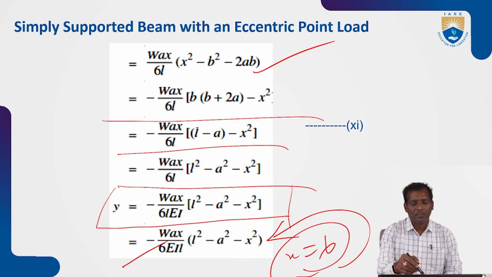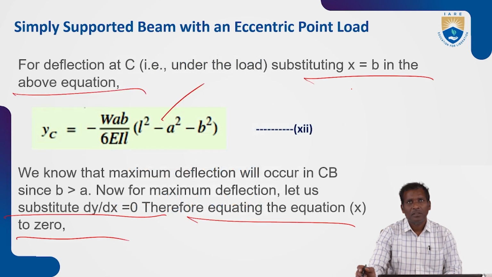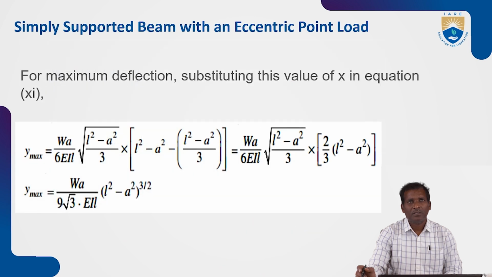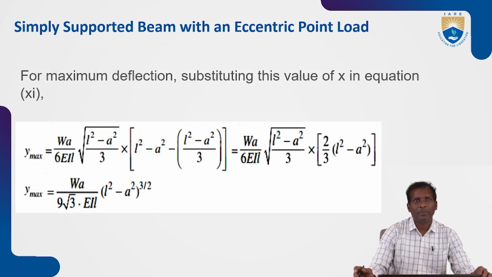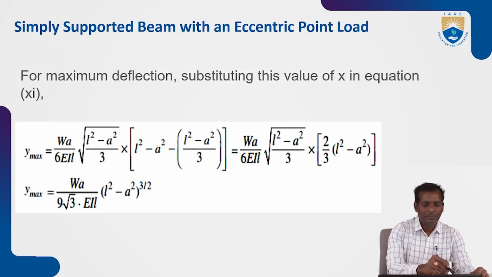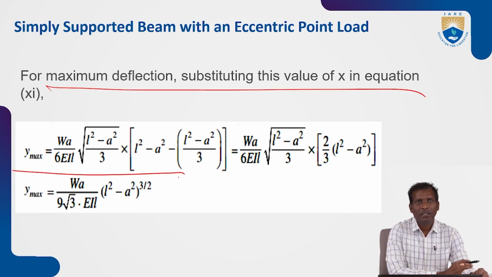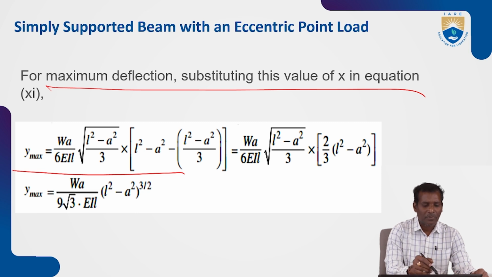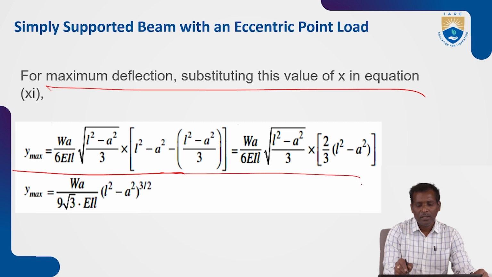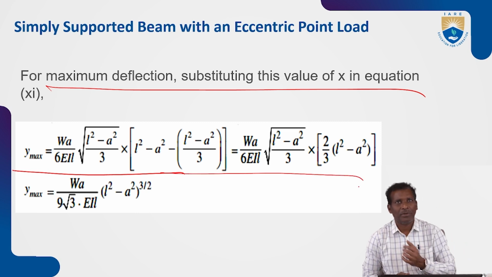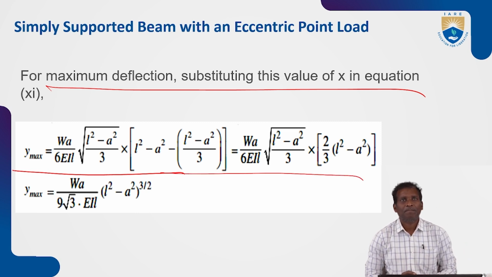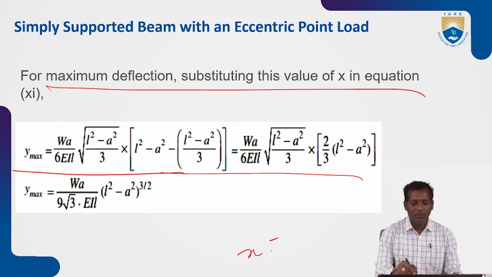Substituting this value of x in equation 11, in this equation, substitute the x value. So what is the x? Square root of L square minus A square by 3. So we will get the maximum deflection: W A by 6EIL into the square root of L square minus A square by 3 into L square minus A square minus L square minus A square by 3.